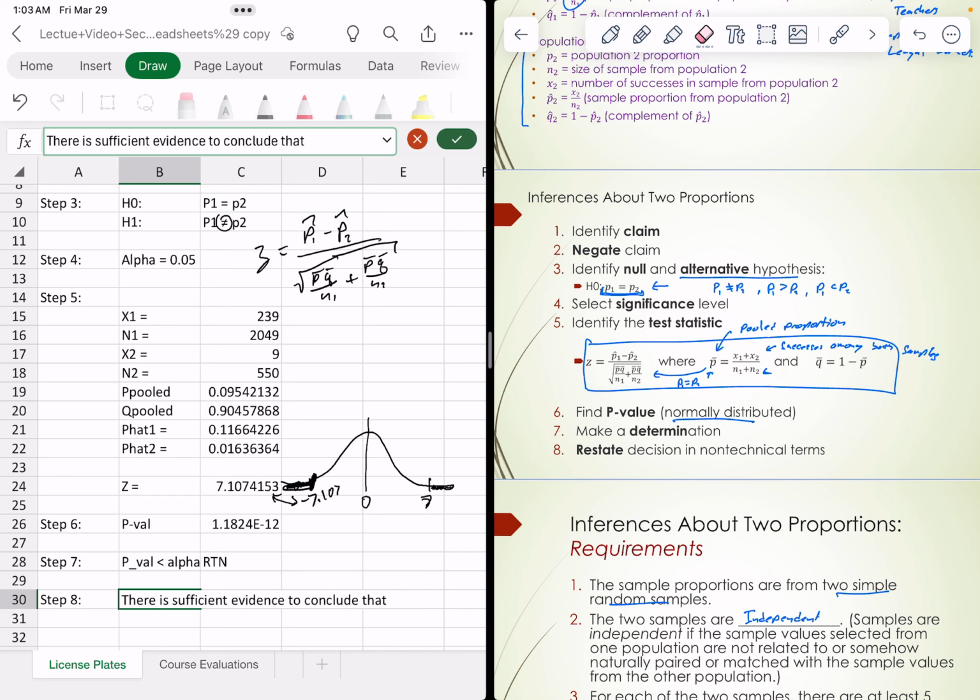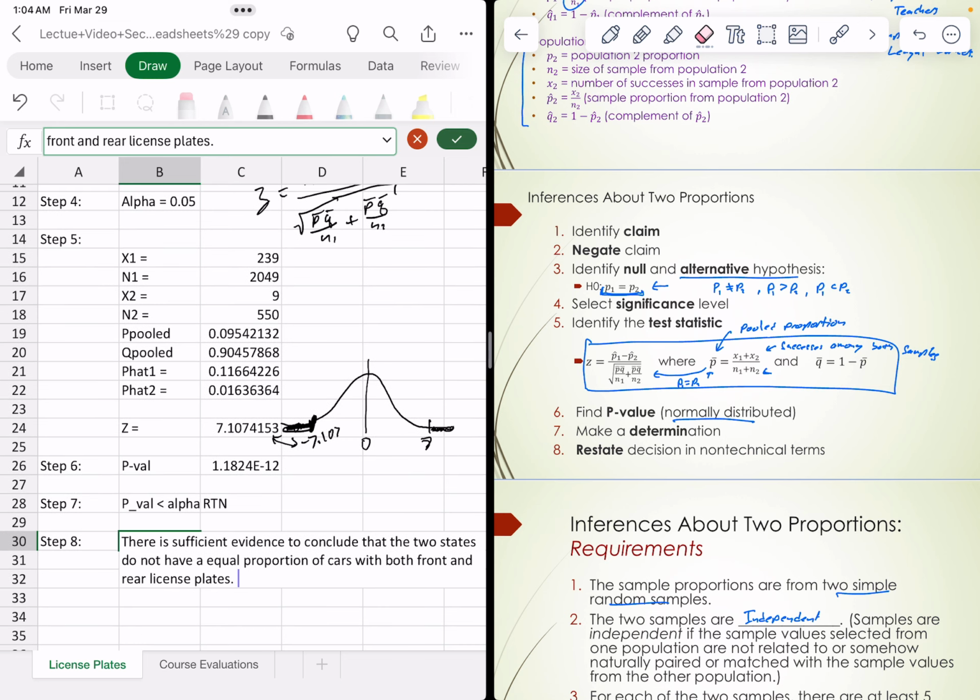that the two states do not have an equal proportion of cars with both front and rear license plates.